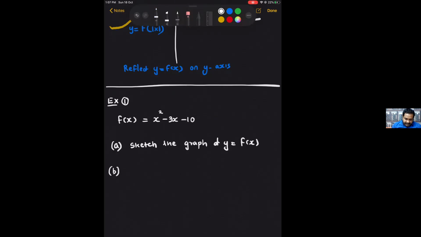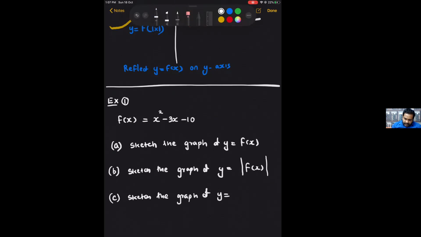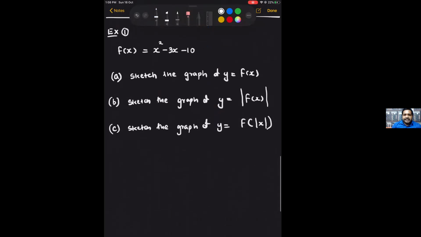Then the second question is, sketch the graph of y is equal to modulus of f of x. And the third question, sketch the graph of y is equal to f of modulus of x. So these are the three questions.